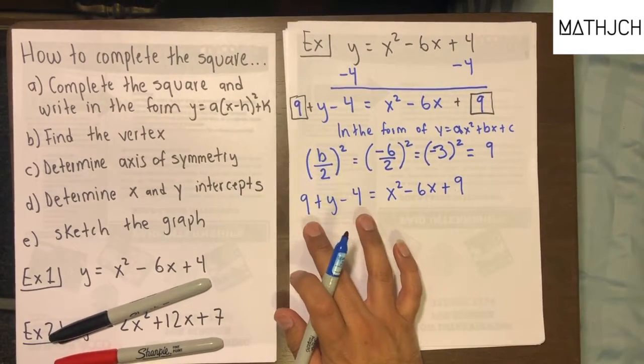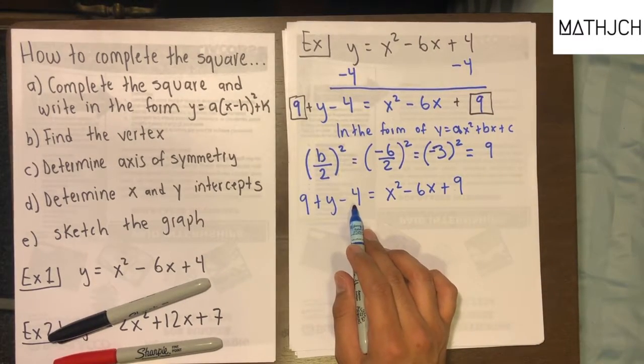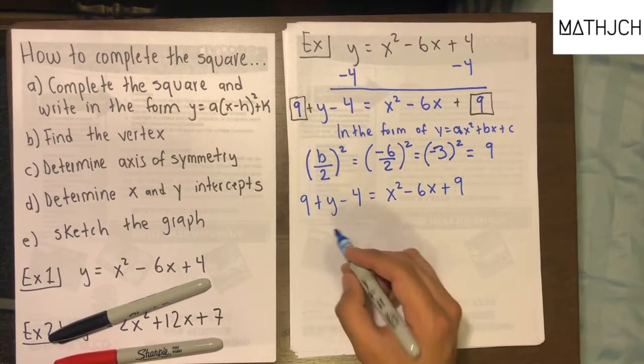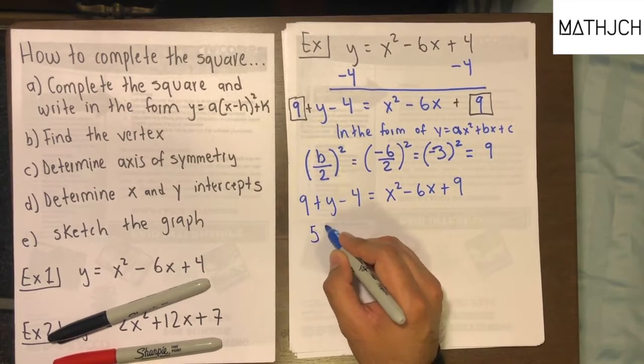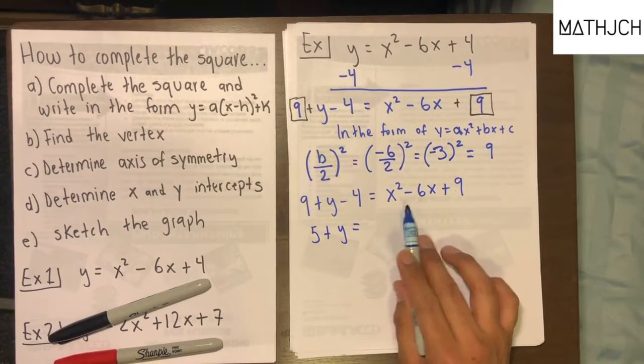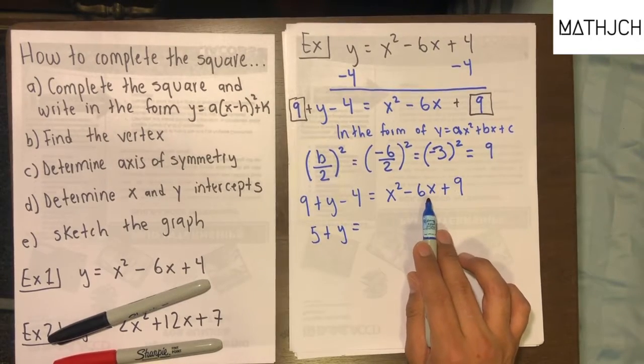Let's combine like terms on the left side. We have 9 and negative 4. When we combine those two numbers, we get a positive 5, so we end up with 5 plus y. Now let's take a look at the right side. This portion of the function is always going to be a perfect square.